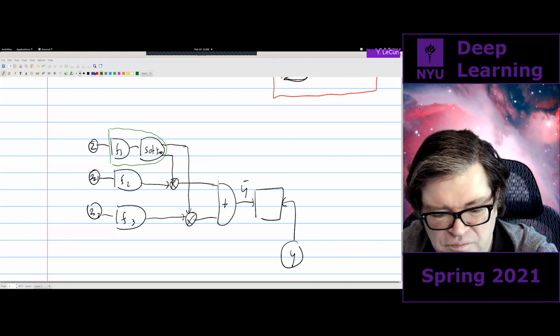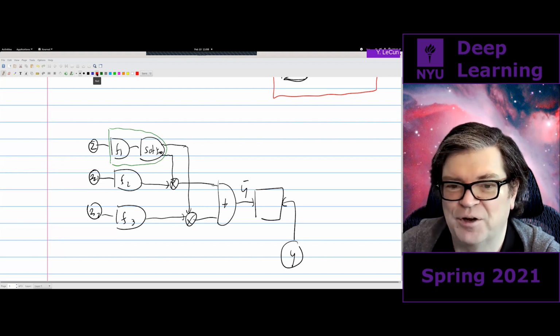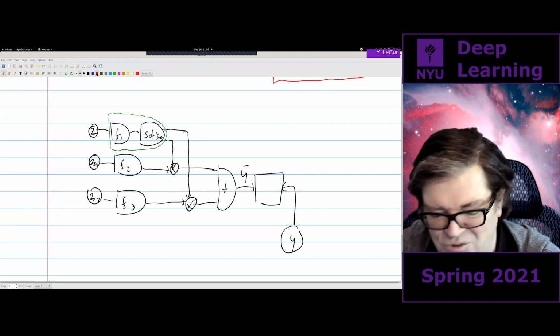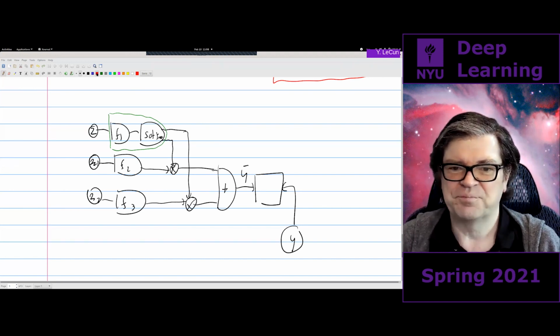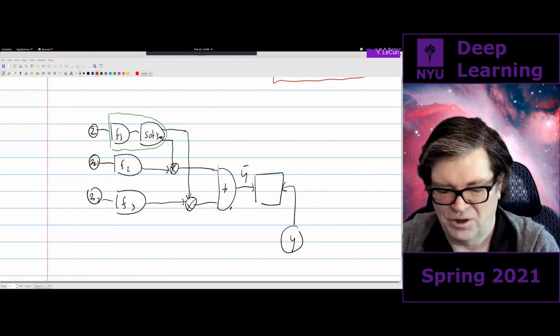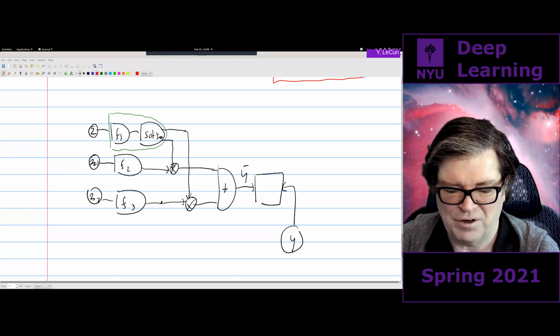So how do we backpropagate gradient? We don't have to think about it. That's the cool thing about automatic differentiation and PyTorch and TensorFlow and all those things. You just write your module this way. My output is the sum of this variable multiplied by that variable plus this variable multiplied by that variable.